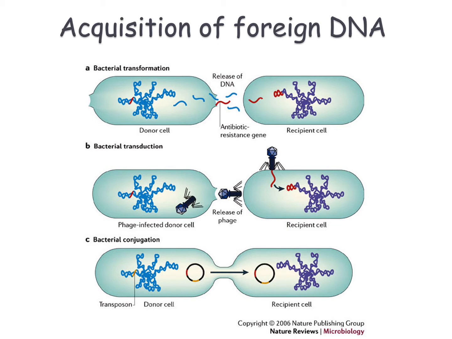Now, once it's in the cell, there are a number of fates. It can exist as an extra piece of DNA, extra chromosomal piece of DNA. It can get incorporated into the genome of the bacteria, or it can be degraded.